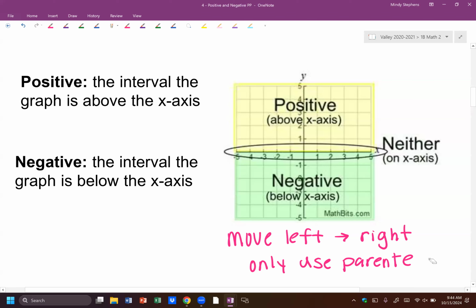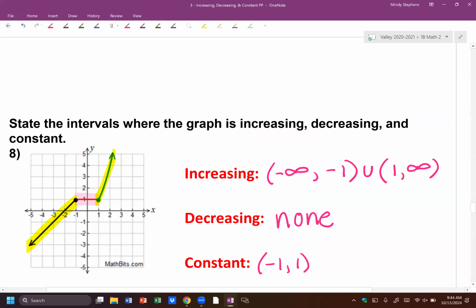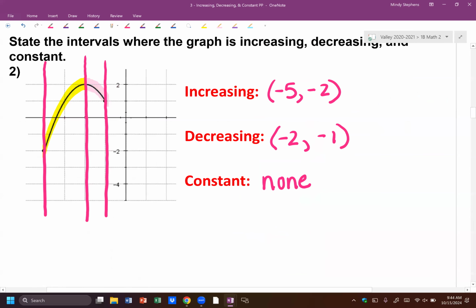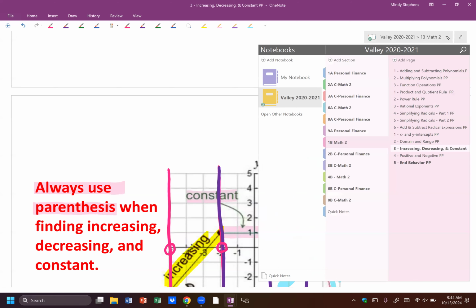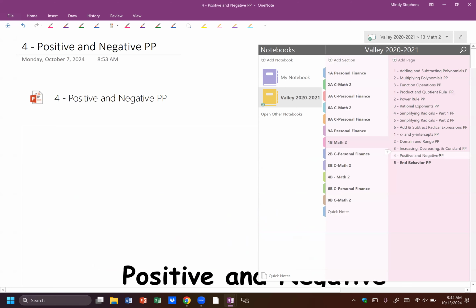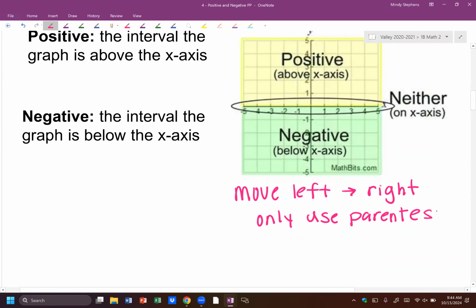P-A-R-E-N-T-E-S. How do you spell parentheses, you guys? Oh yeah, I did spell it right. Okay, I was thinking I did it very weird. Okay, so always move left to right, always use parentheses.